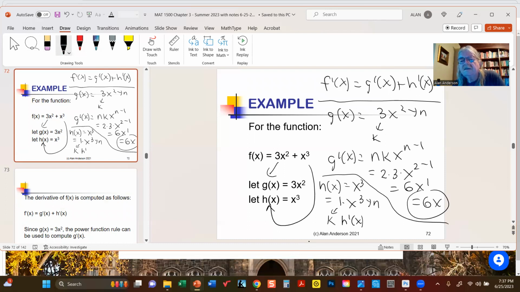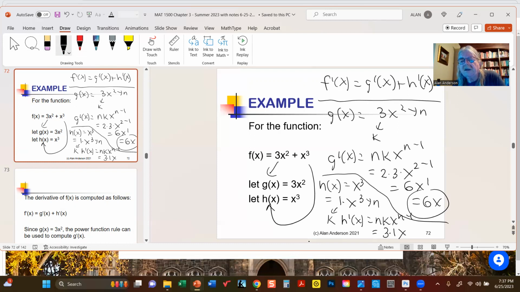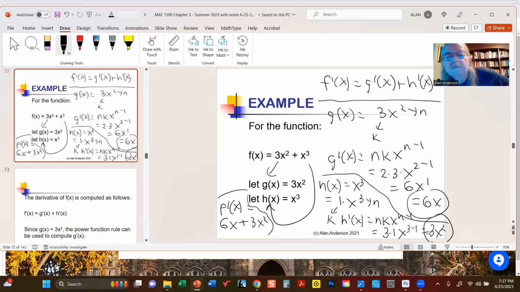H prime of x is n k x to the n minus 1, 3 times 1 times x to the 3 minus 1, it's 3x squared. So the final result, f prime of x, is just 6x plus 3x squared. So basically, you're just doing the power rule twice and adding them up.